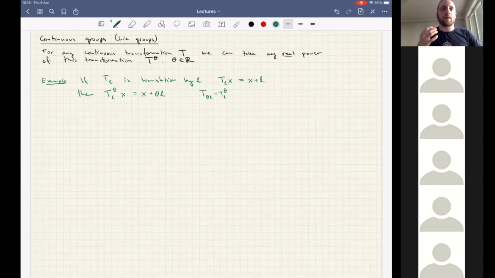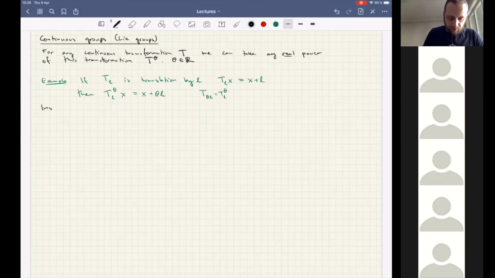So in the case of discrete groups, we discussed that there were generators of the group, and they were all finite generators. So any group element could be written as some combination of the group generators. In the continuous case, this is no longer the case.